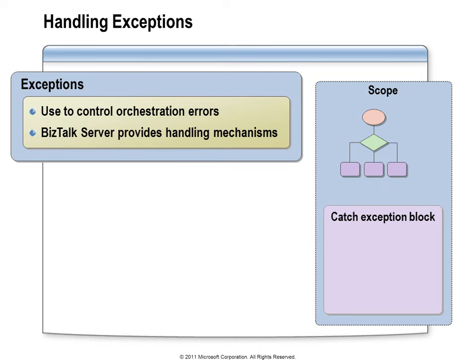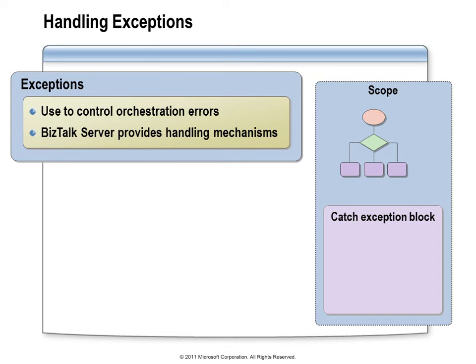So if the concept isn't already familiar to you, exception handling is an error handling mechanism, and it controls the flow of execution when an error occurs. So what happens is an exception object is created, and that exception object contains information about the error that occurred.